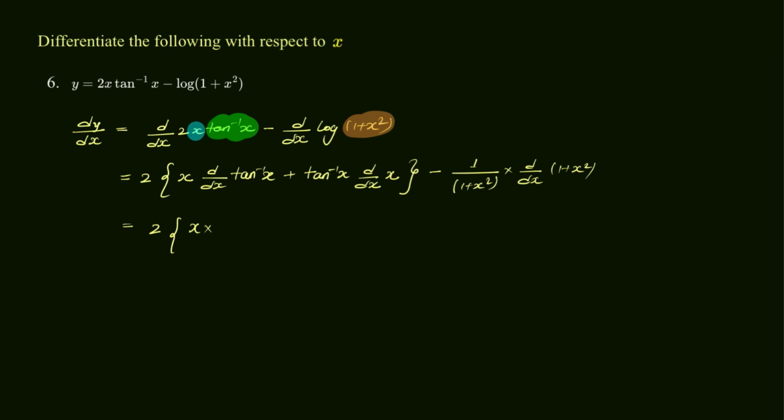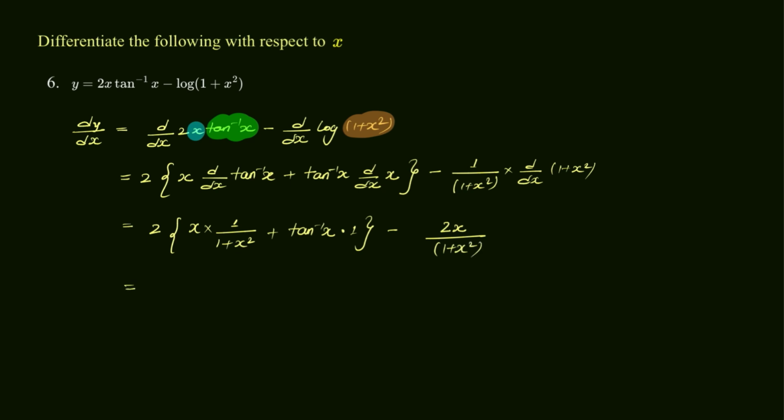So here this equals 2x into d/dx of tan inverse x, which is 1 by 1 plus x square, plus tan inverse of x, d/dx of x is 1, minus, so here d/dx of 1 is 0 and d/dx of x square is 2x, so we will have 2x over 1 plus x square.